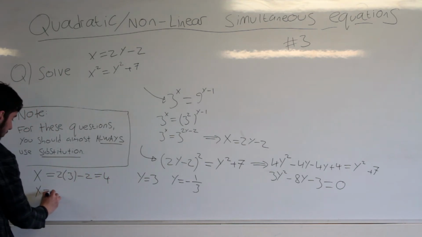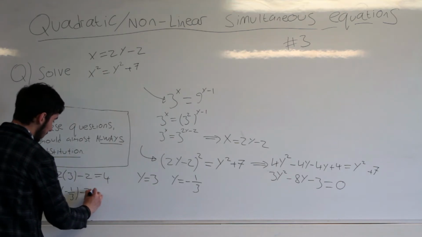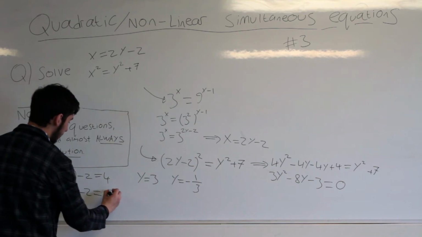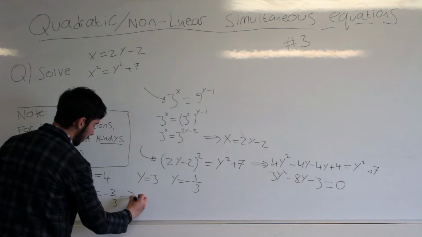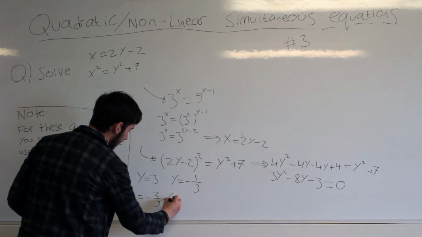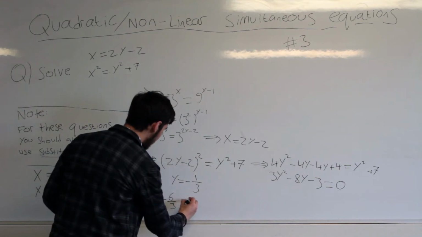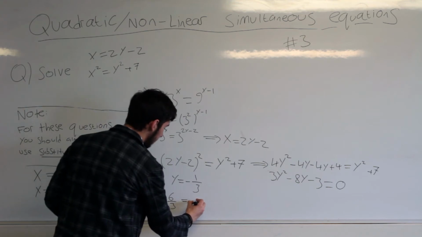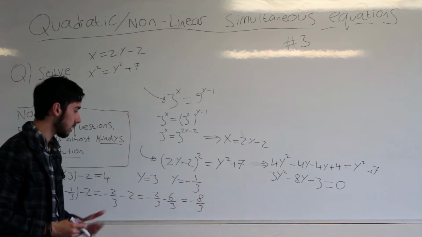X is also equal to 2 times negative a third minus 2, which is equal to minus 2/3 minus 2, which is equal to minus 2/3 minus 6/3, because 2 is 6/3, which is equal to minus 8/3. Okay, minus 2/3 minus 6/3 is minus 8/3.